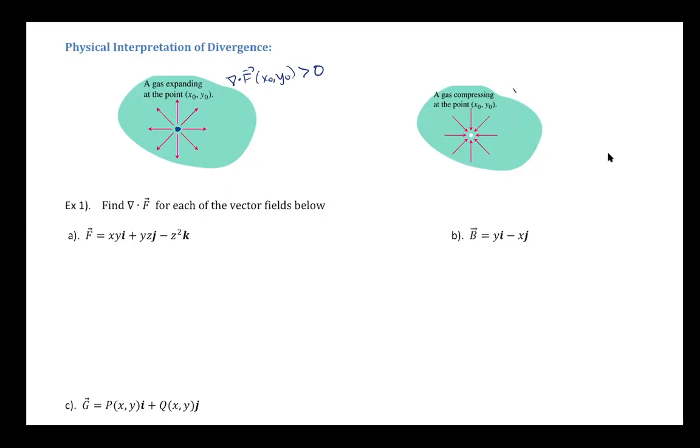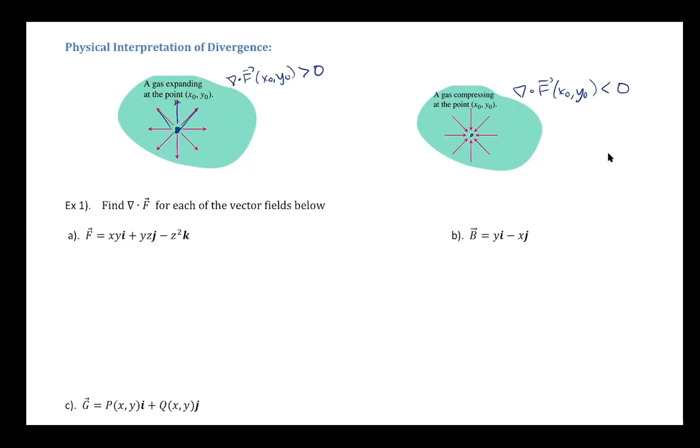And then here at this point, x naught, y naught, I would have negative divergence, because you can think of a gas compressing, or things flowing down the drain of a sink.